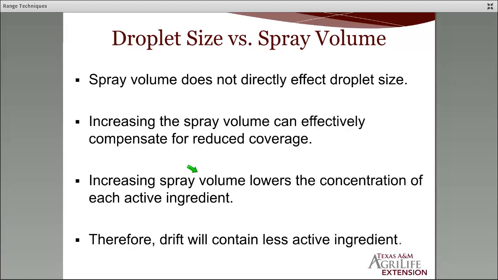Increasing the spray volume lowers the concentration of each active. So that's just what I was talking about. If you increase the volume too much, make sure you mix accordingly.